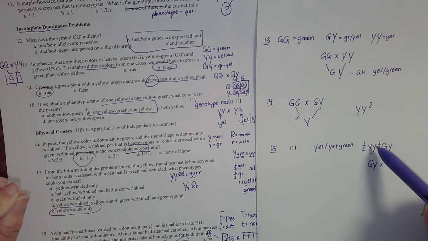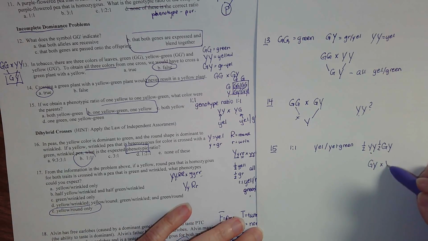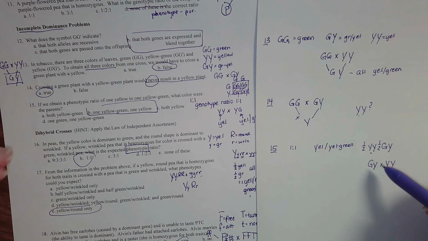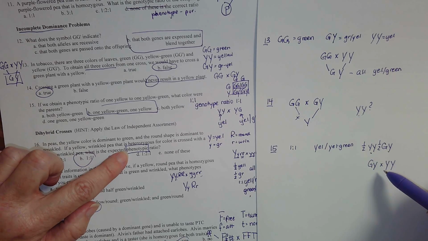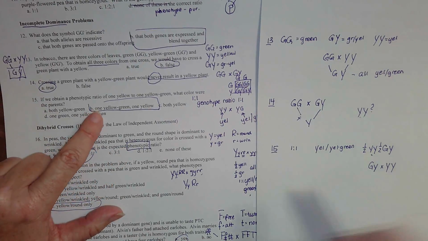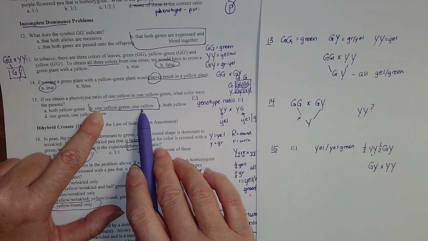And in this instance, in order to get yellow, that parent would have had to be yellow. So you can do the cross and see that that will give you that particular phenotypic ratio, which is right here. You'd have to have one yellow-green, and one yellow.